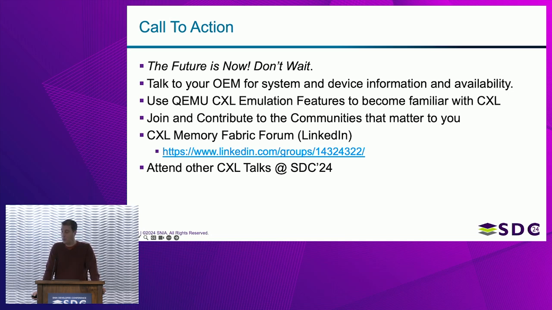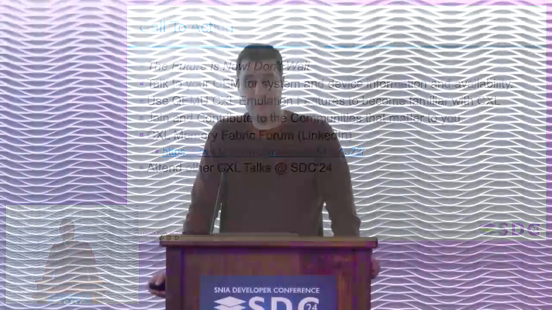And if you're not quite there yet, go play with QEMU. QEMU delivers all of the features and functionality that I need. It doesn't necessarily have the performance that hardware devices have, but it's a great way to get your feet wet, to understand the technology, and figure out if it's right for you and what features of CXL you would like for your applications or solutions.